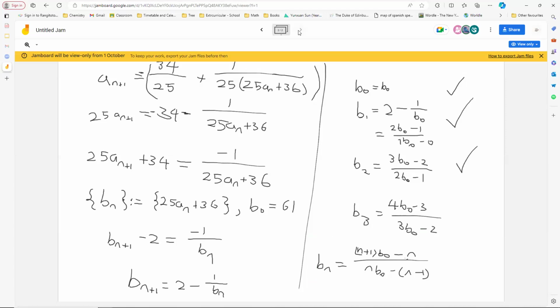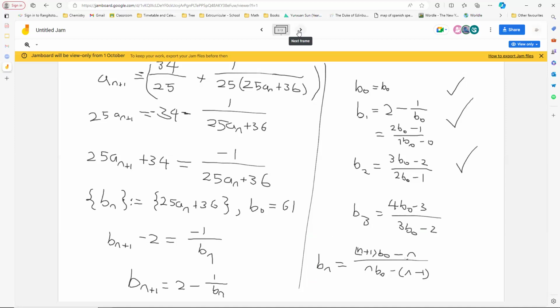Okay, whatever. So once we have the formula for b of n, we can just sub in a of n now, the sequence an, because we said that bn is 25 an plus 36. We have the equivalent relation that an is equal to bn minus 36 over 25.